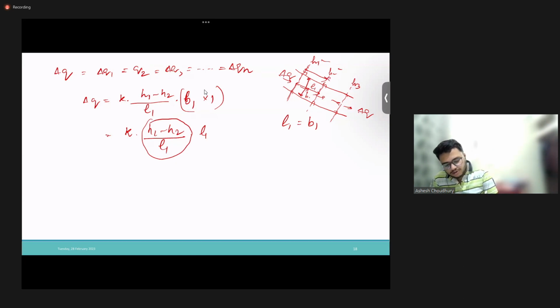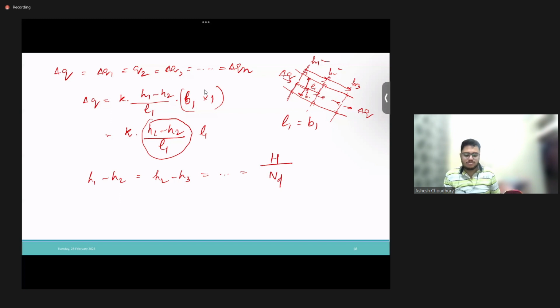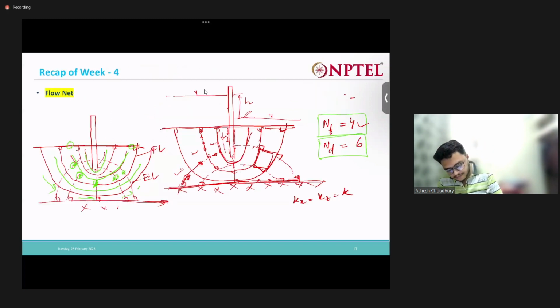Now these head drops, H1 minus H2, H2 minus H3, all these head drops are actually equal, and each is equal to the total head divided by the number of drops. Let us go to the previous figure.